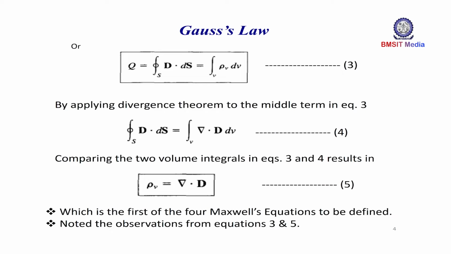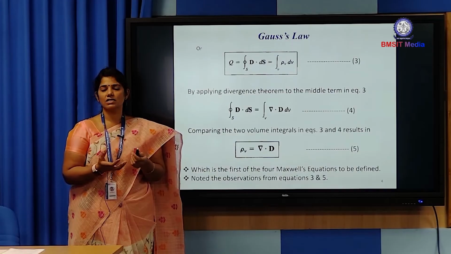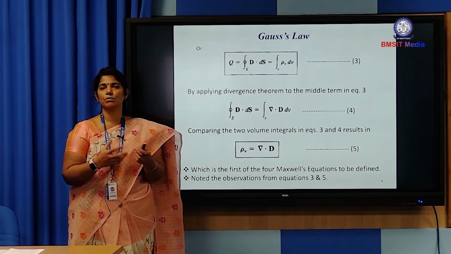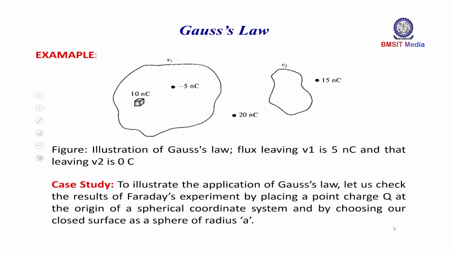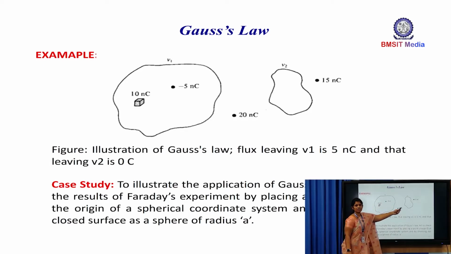Now, we can take one example to apply Gauss law and see how Gauss law holds through that example. Here you can see 2 closed surfaces we have considered, and we named them V1 and V2.